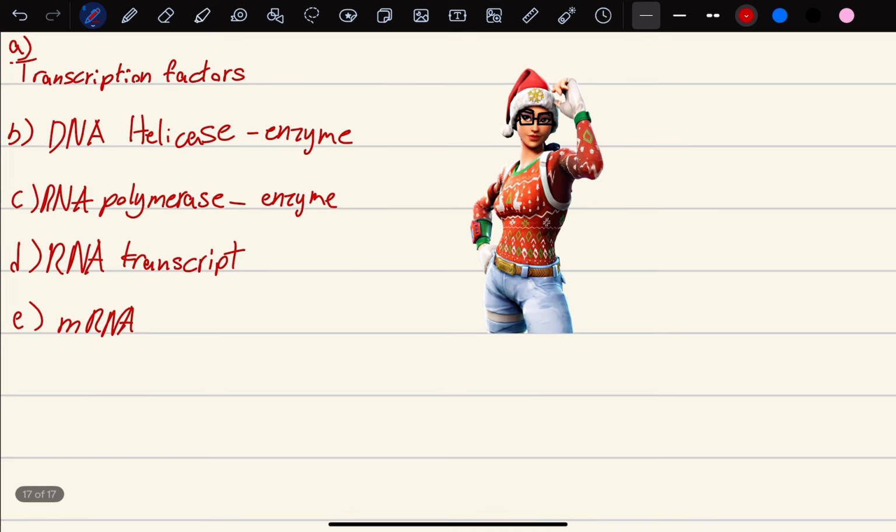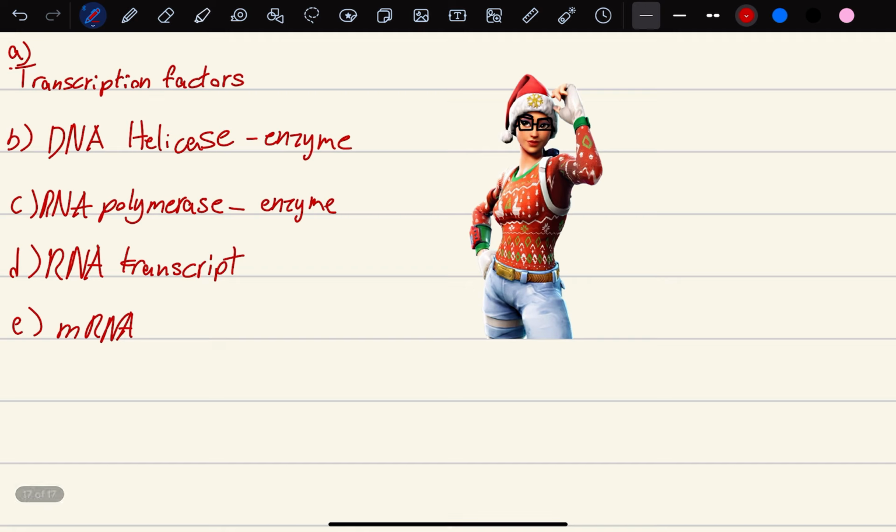Okay, so we have transcription factors, which are bound to the promoter and they basically start the transcription. This is the beginning. And then we have a DNA helicase, which is an enzyme that unzips the double helix of the DNA by breaking the hydrogen bonds between the complementary strands, and this allows the RNA polymerase to access the gene. The polymerase joins the RNA nucleotides with covalent bonds, which creates an RNA transcript.